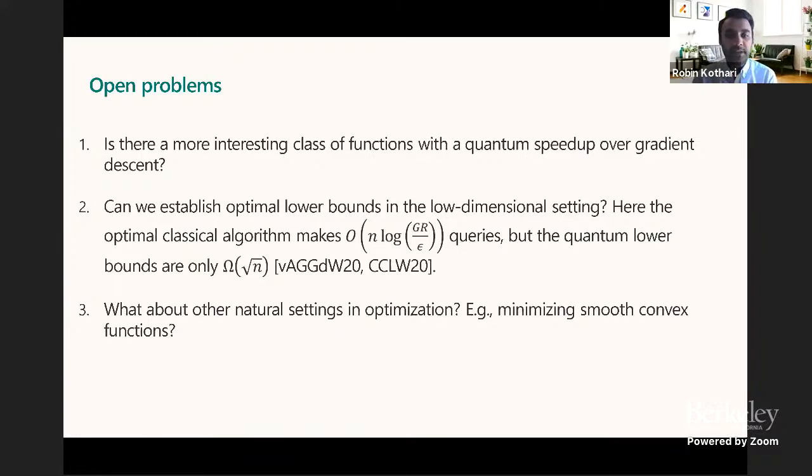In that specific setting, it turns out the answer is no. We can show this, and we have written this up, and it should appear at some point on the archive. But you can ask many questions like this. What if I assume something else about the function, or you can even go out of the setting of convex optimization and go to non-convex optimization. It's very hard to prove stuff there, but I'm sure there are tons of interesting questions about whether you can get quantum speedups for optimization problems.